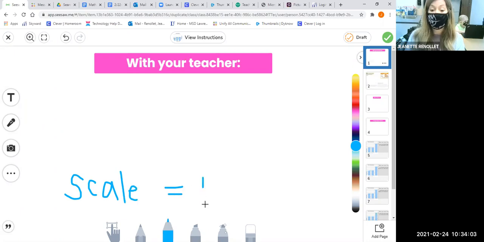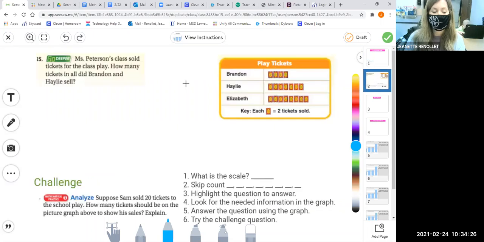Sometimes the scale can be 1 and you count by ones, but most of the time in 3rd grade, the scale will be something different, like 2 or 5, or sometimes you might see a graph that counts by 50s, something crazy like that. So today we're going to talk more about the scale and how it helps us understand the data. Click on slide number 2, please.